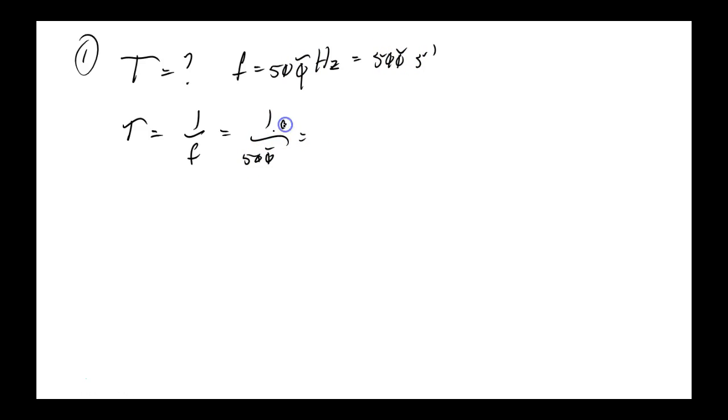If you do just a few decimal places here, let me do it this way. Move it 2 decimal places there. 0.00, maybe one more 0, 2 seconds.